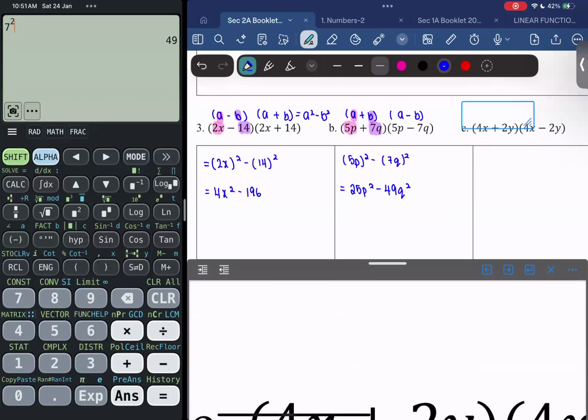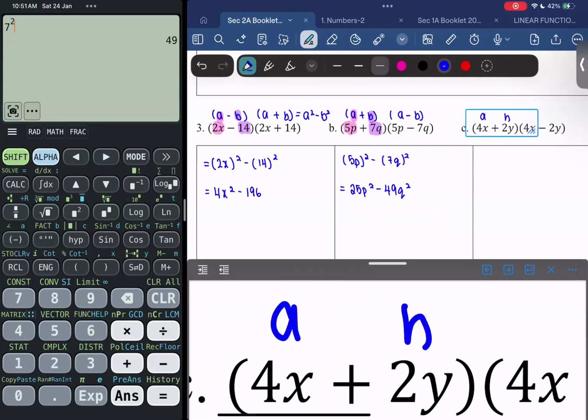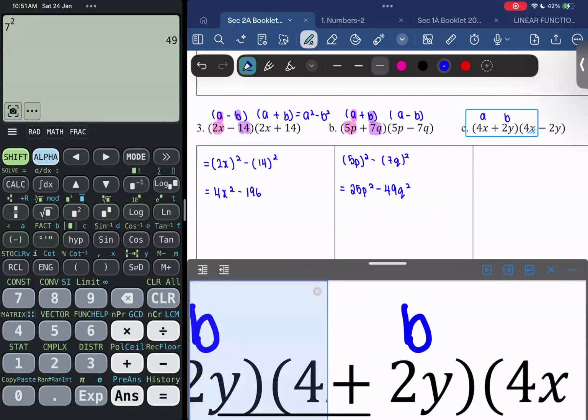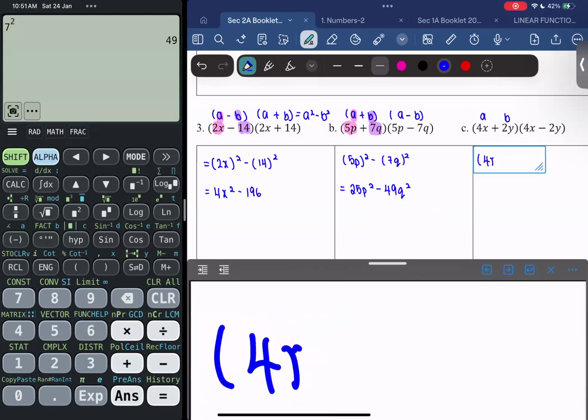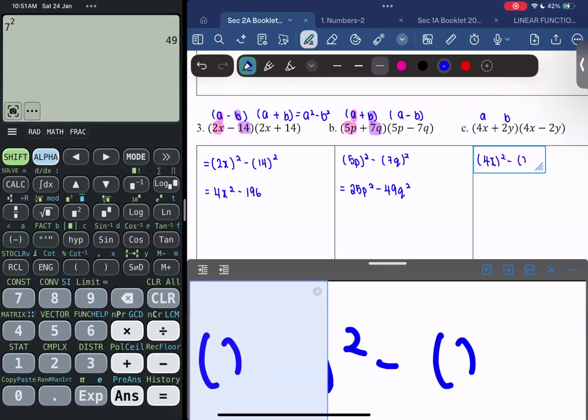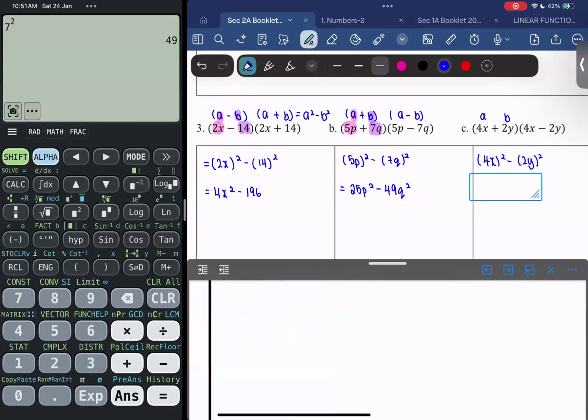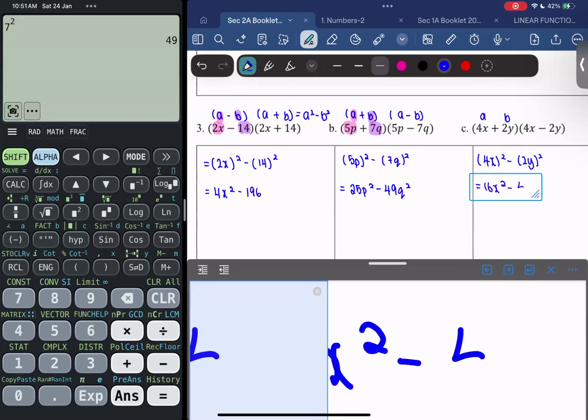Okay, last one. Check AB. 4x squared minus 2y squared. 16x squared minus 4y squared. Okay. Is that all right?